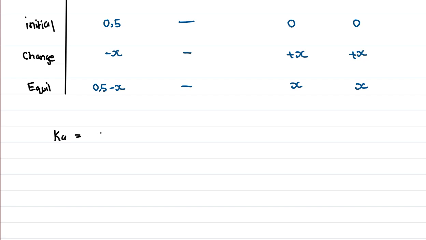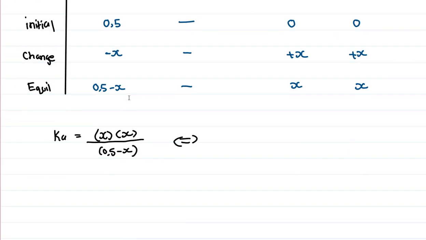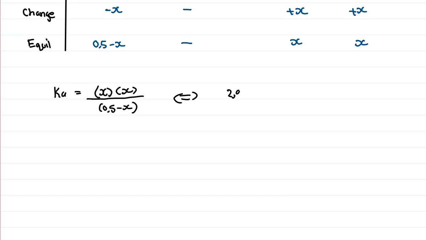So we're going to have x, multiply that by x, divided by 0.5 minus x, which is the equilibrium concentration of hypochlorous acid. So we can rewrite this as the Ka expression that we had, 2.9 times 10 to the power of -8, is equal to x squared divided by 0.5 minus x.